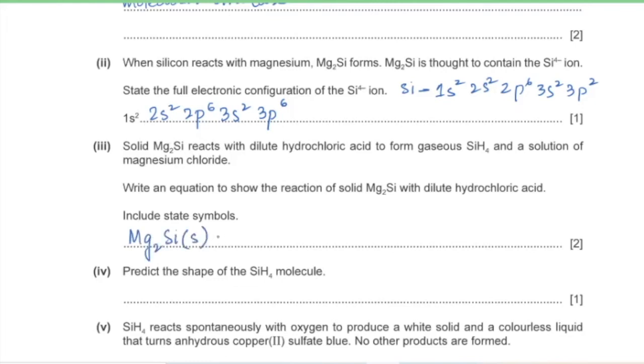You're going to write solid plus dilute hydrochloric acid, so that's an aqueous state. That gives gaseous SiH4, so that's gas, plus a solution of magnesium chloride, that's again in aqueous state. Now we need to also balance our equation. So we're going to have 4 moles of HCl and we're going to have 2 moles of magnesium chloride.